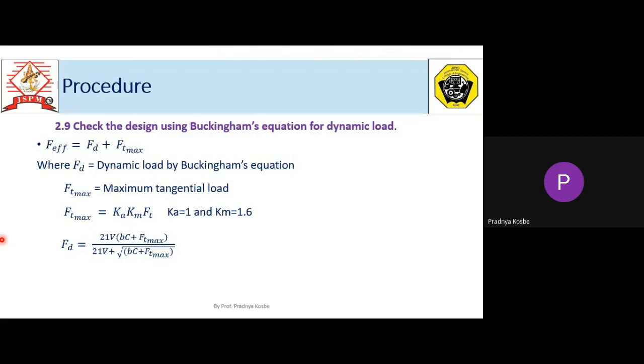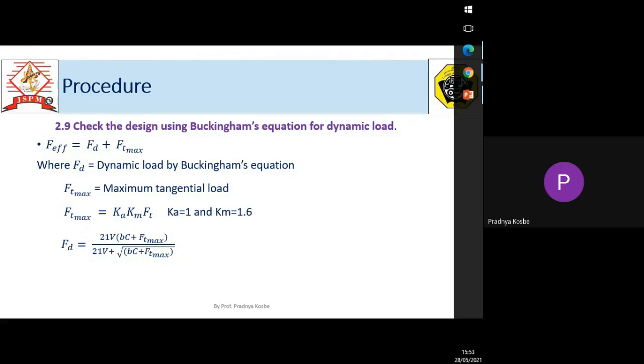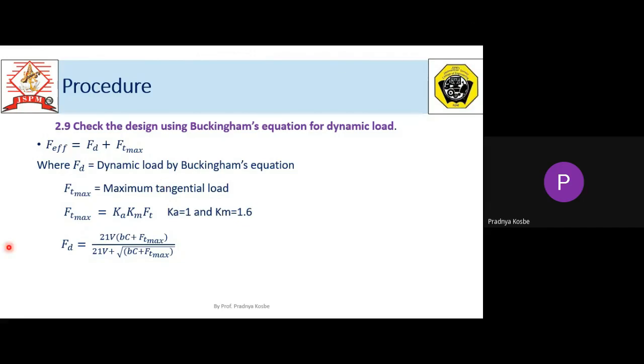In such a case, F effective is equal to Fd plus Ft max, where Fd is the dynamic load by Buckingham's equation and Ft max is the maximum tangential load, and that Ft max is K Km Ft, with K equal to 1 and Km equal to 1.6.